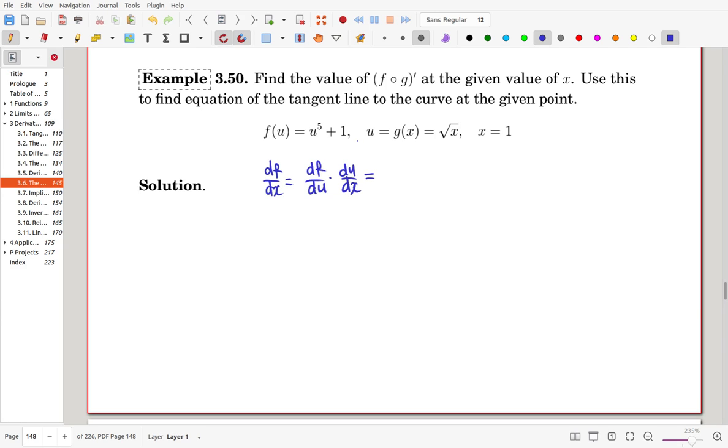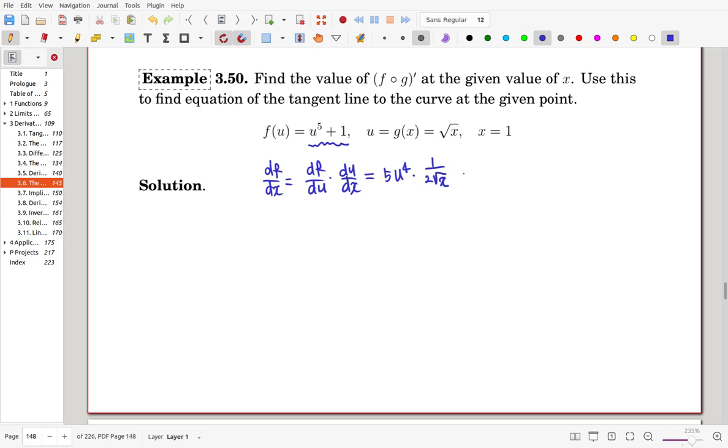That is the formula. In terms of u, f can be written this way, so the u derivative will be 5 times u to the 4, and then the x derivative of u is 1 over 2 square root of x.